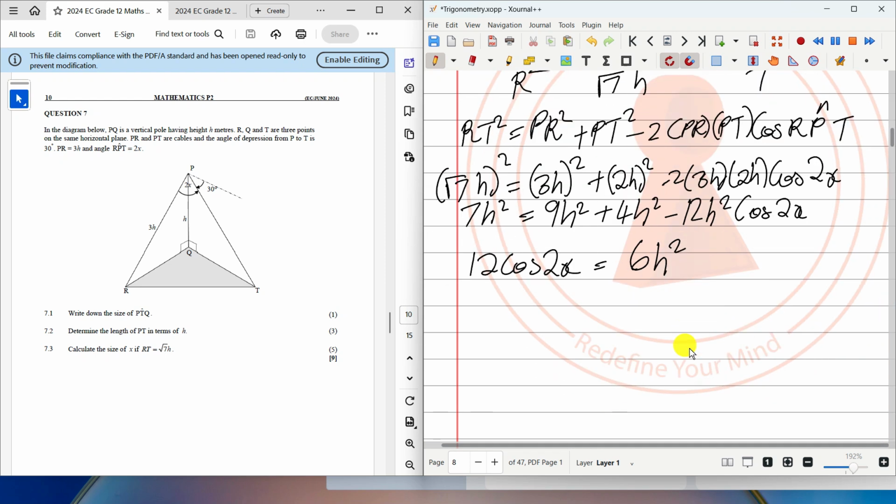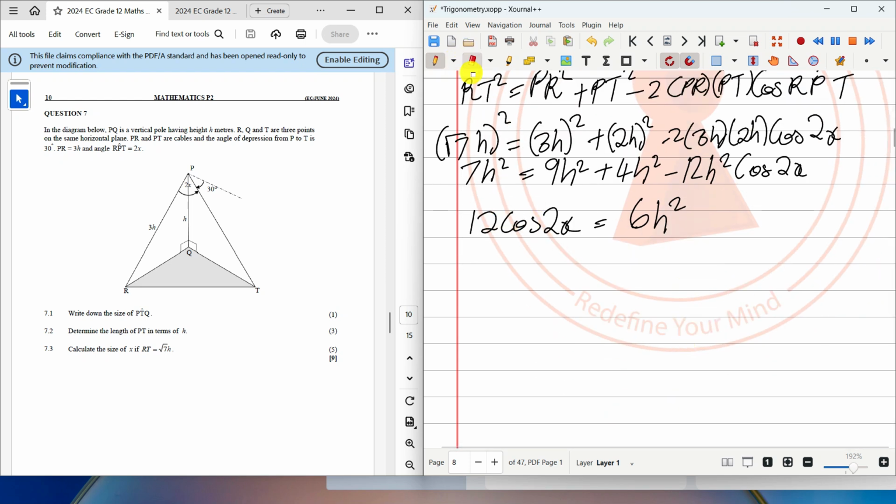Oops, I forgot something. It's 12h squared. So now, dividing throughout by 12h squared, we have cos 2x equals half.